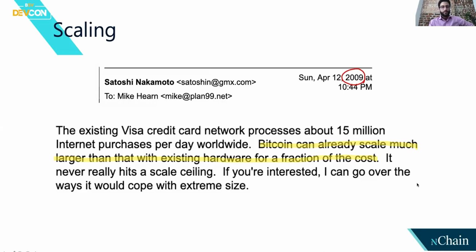So at that time, that was 2009. Right now, we're in 2020. There's been a lot of things that have gone on in the past 10 years, but we're finally back to scaling the way Satoshi envisioned. On the scaling test now, we've got around 1,300 transactions per second, and it keeps on growing.